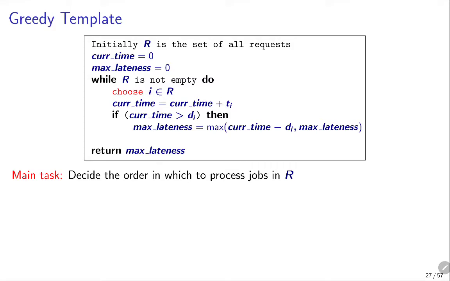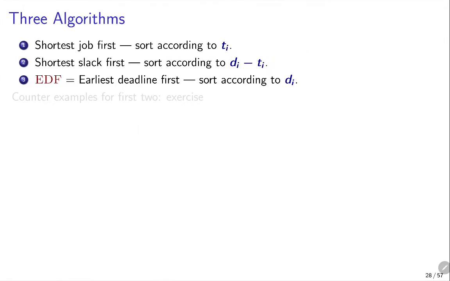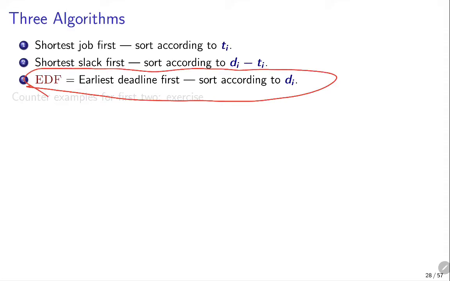Okay, so the big decision here is deciding how to pick the ith job, right? The next job to handle. And as we said, there is the EDF, which is earliest deadline first, which is the natural strategy in the first one. But another natural strategy is shortest job first.